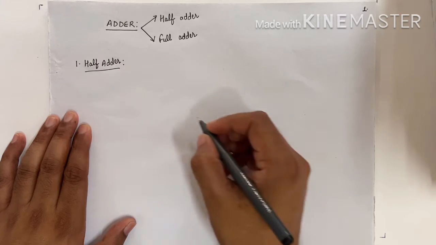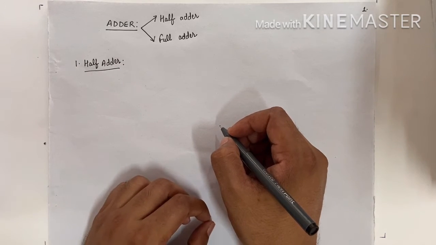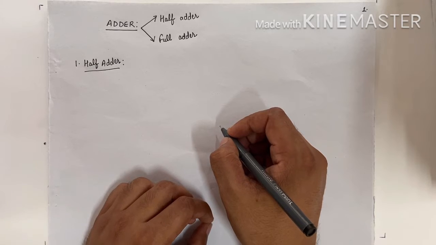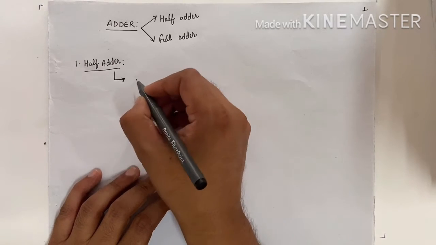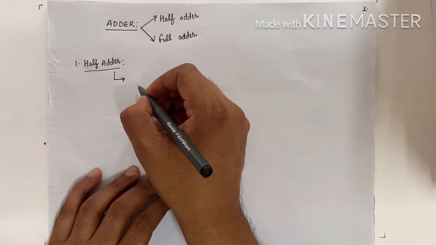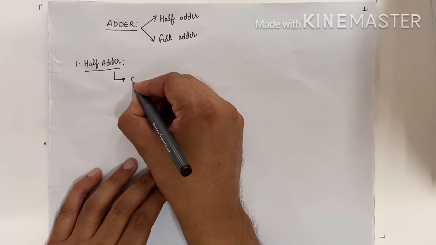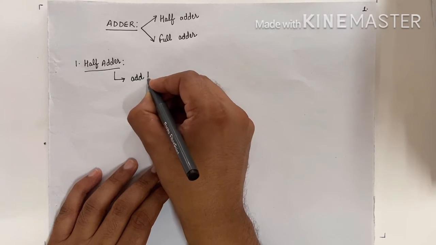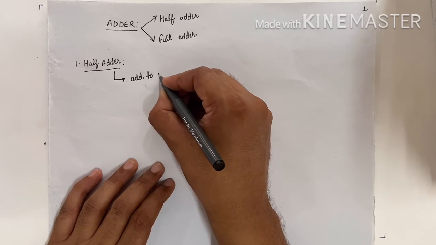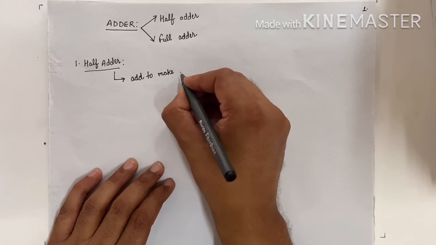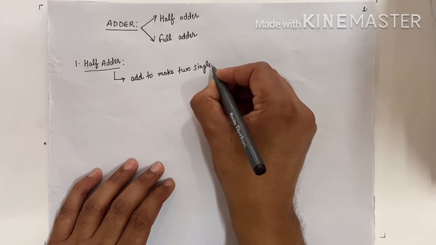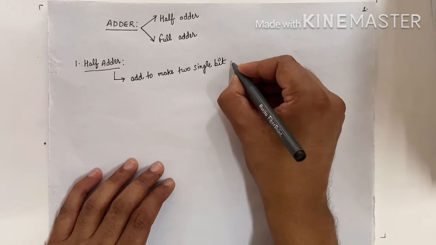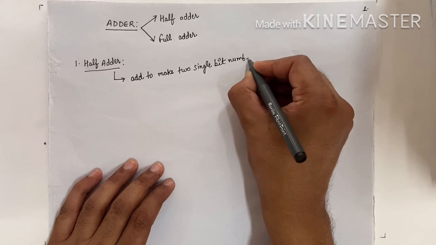Now firstly we understand the meaning of half adder. Half adder is a combinational logic circuit which is used to add two single bit numbers.